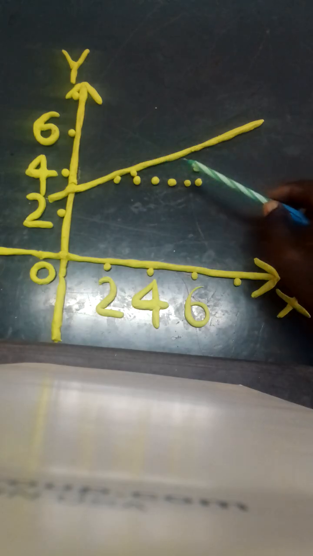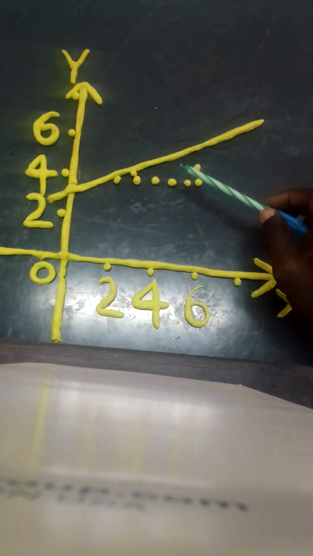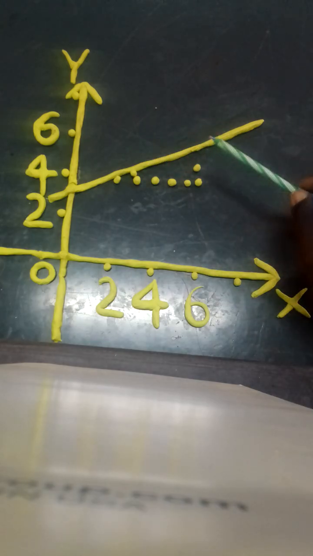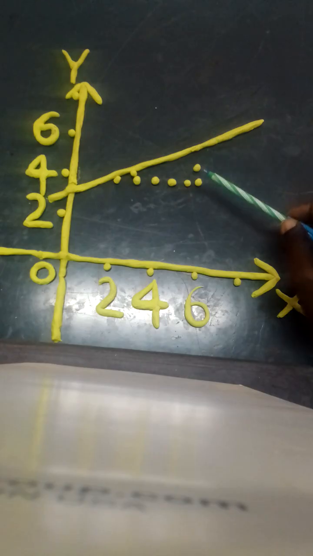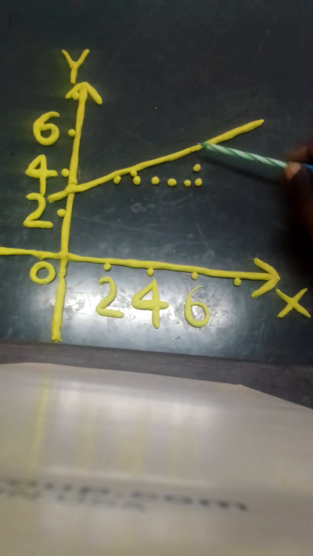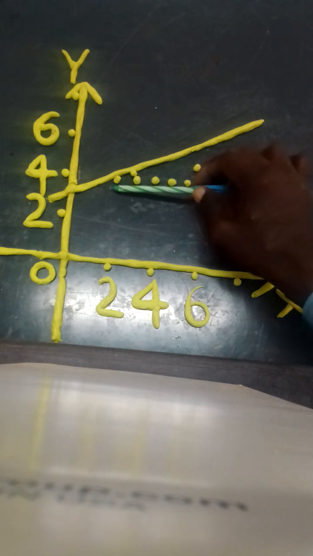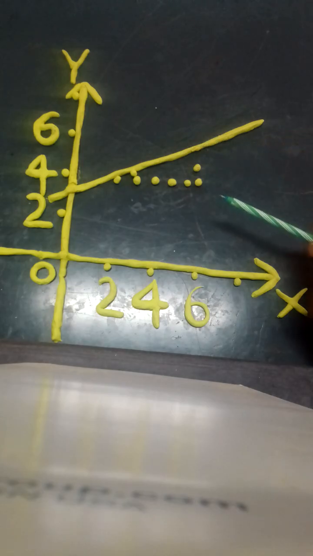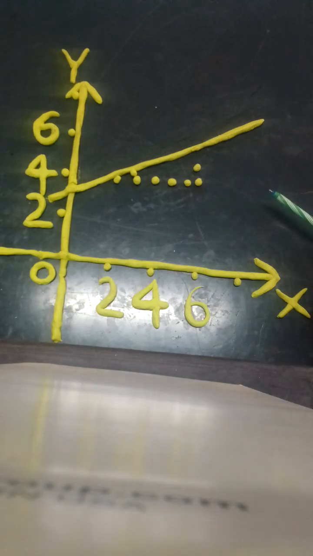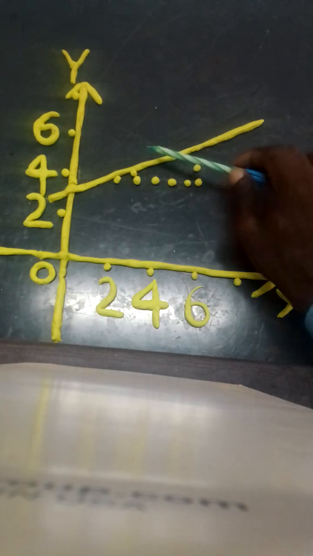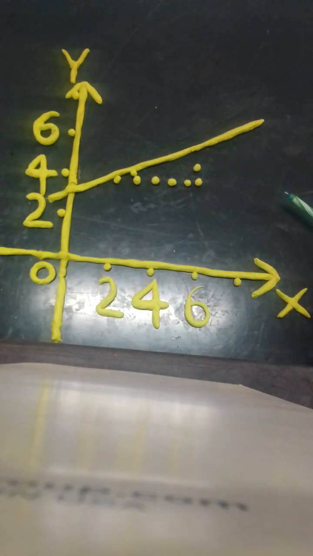So the gradient is the change in y over the change in x, which is 2 over 4. You get a half. So the gradient of this line is a half.